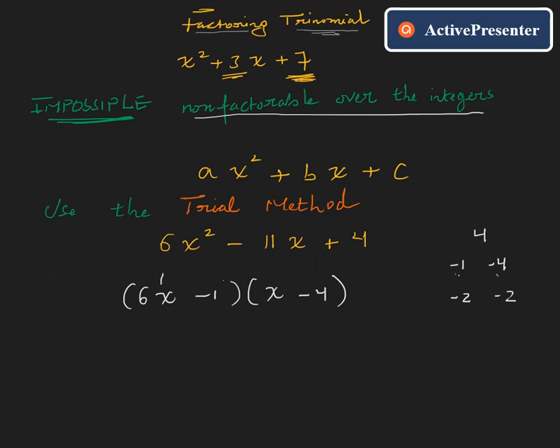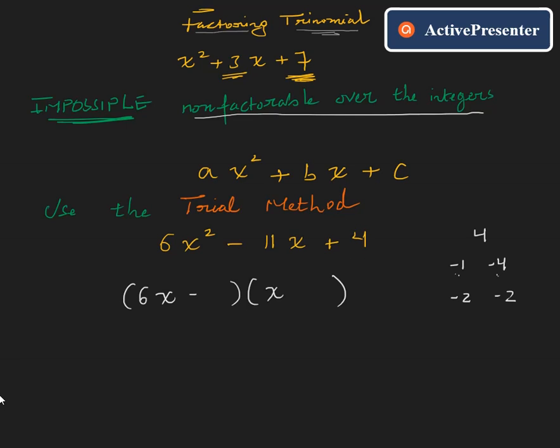So again, 6x times -4 is -24x, and -1 times x is -x. If you add them, it is not -11x, so we are going to exclude it. Let's now check other numbers.